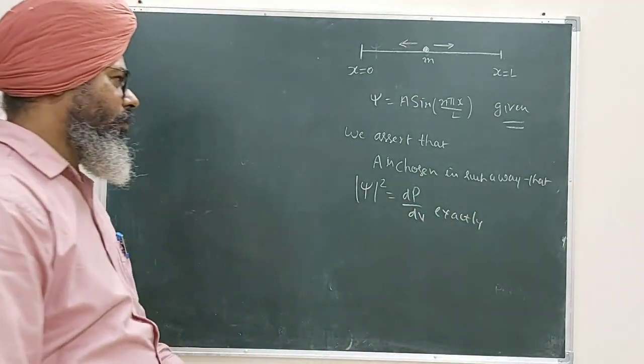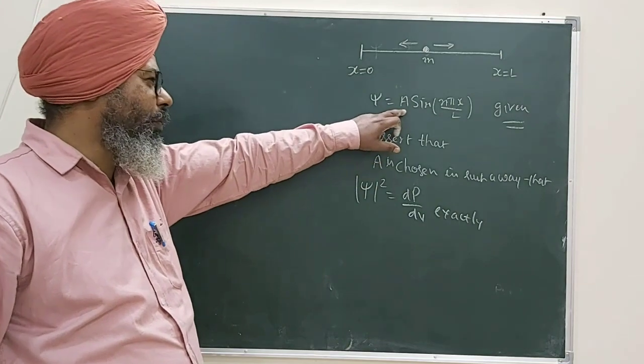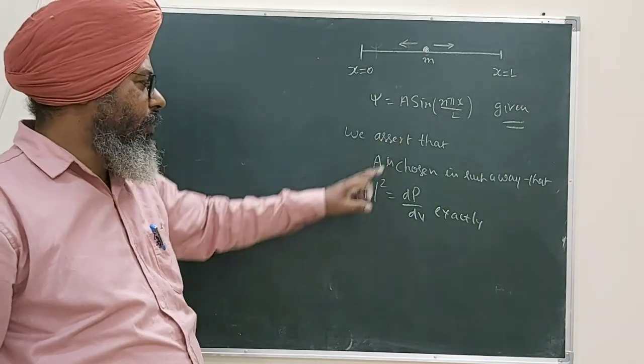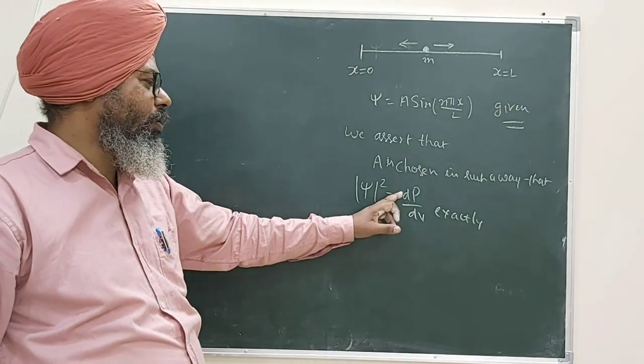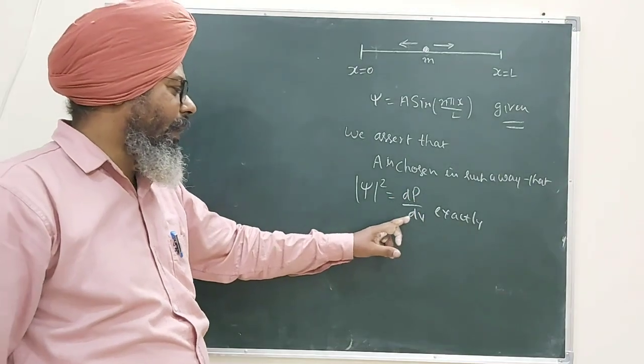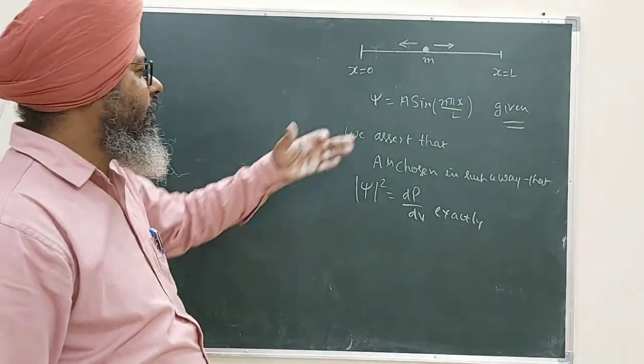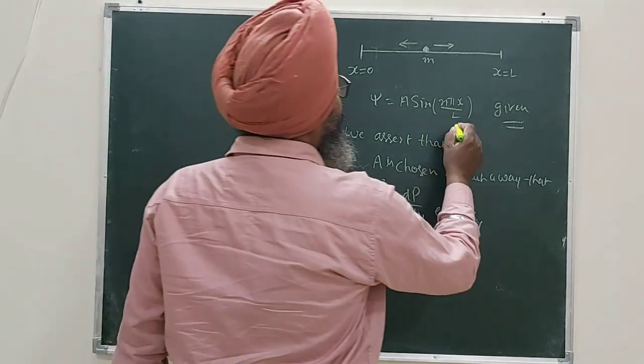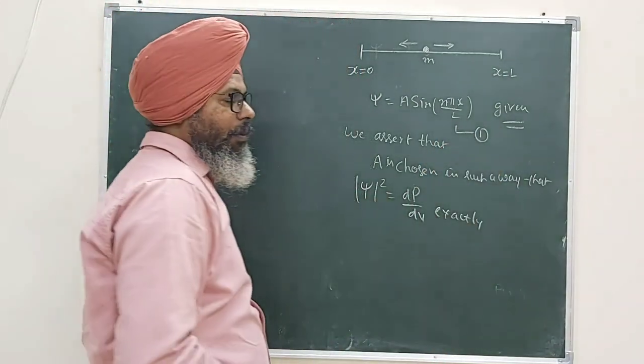So I will find that appropriate value of a which will make psi magnitude square equal to dp by dv exactly, and if this happens, then this wave function given in equation number 1 will become normalized.